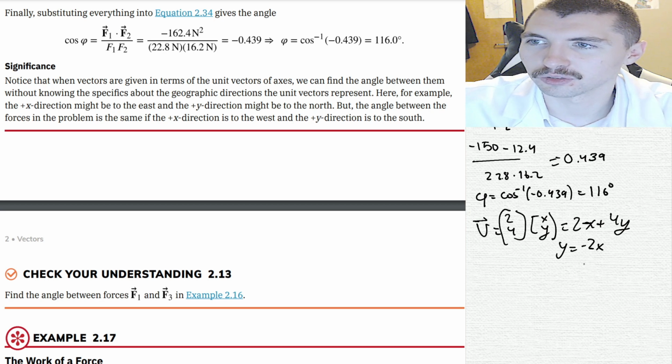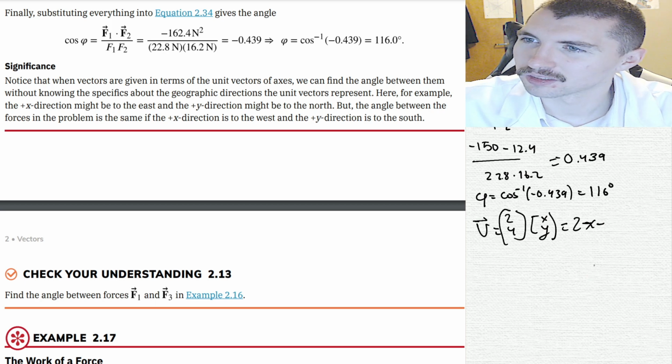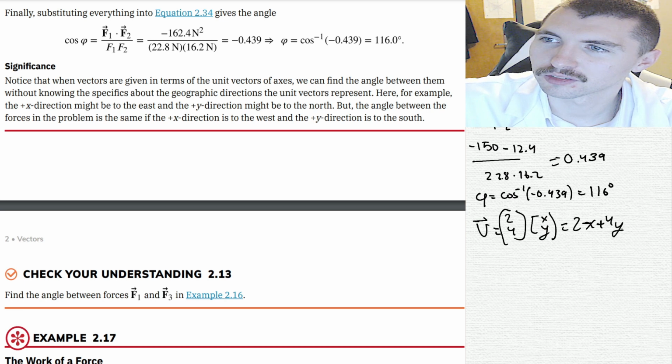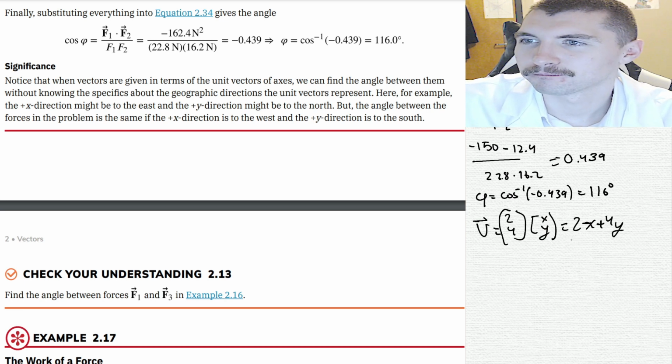So you would have a negative slope line, 2x plus 4y. So negative 4y equals 2x. Y equals negative 1/2 x.